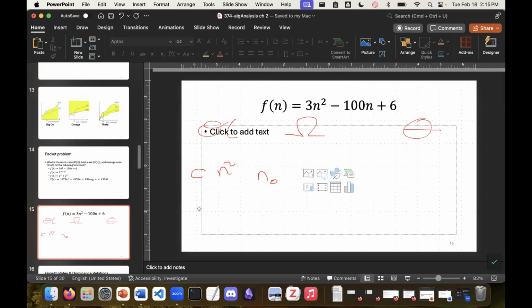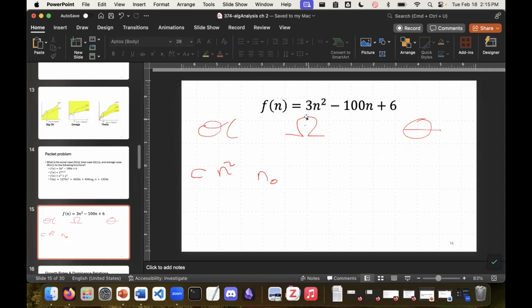So the question is, for what value of c should we do? I don't know. We could choose 10 if we wanted. 3. Yeah. Because 3 times n squared.